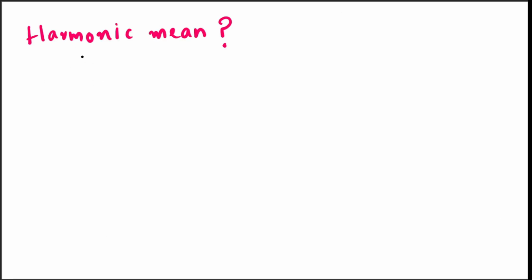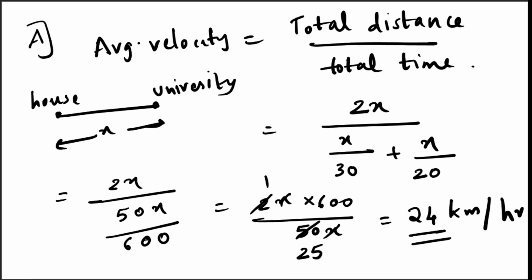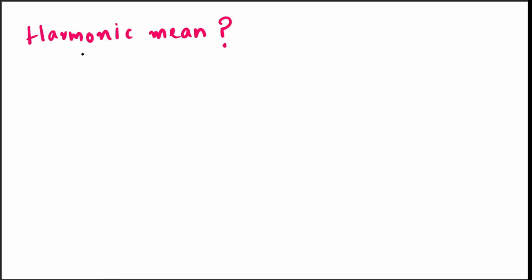And then they asked me, what is harmonic mean? Actually, at that time, I didn't know the answer. Many of you will know what harmonic mean is, but at that time I only knew arithmetic mean and geometric mean. The reason they asked is that this average velocity question can be easily solved by finding the harmonic mean.